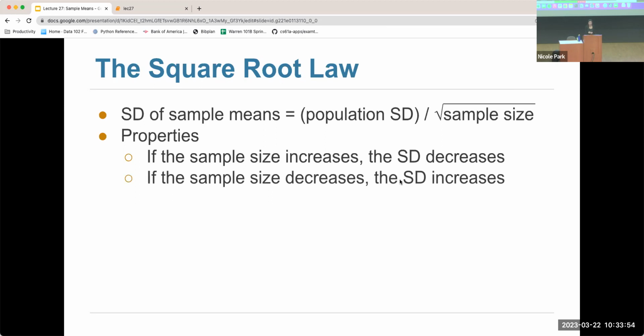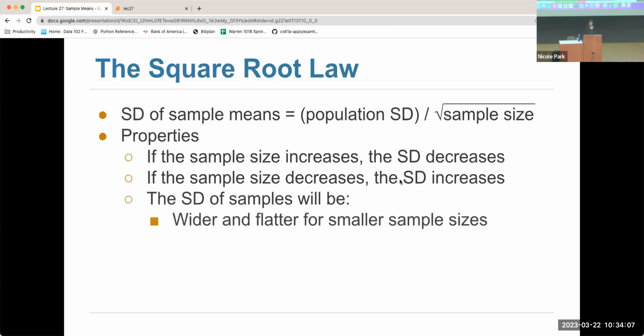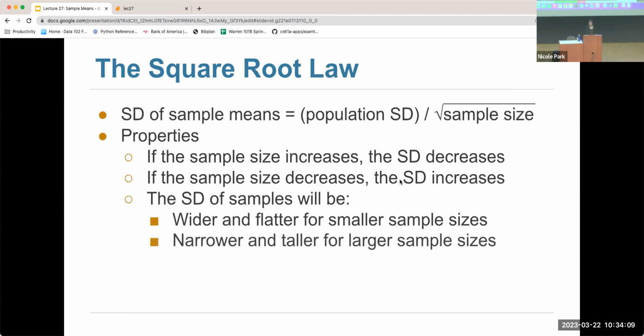If the sample size decreases, the standard deviation increases. If I went from size 900 to 400, the standard deviation got bigger and the distribution got wider. The distribution will be wider and flatter for smaller samples, narrower and taller for larger samples.